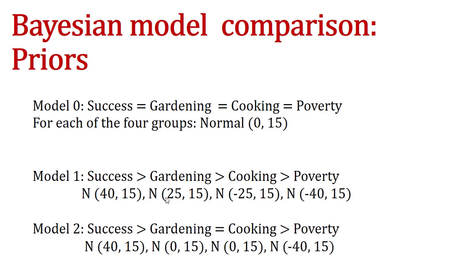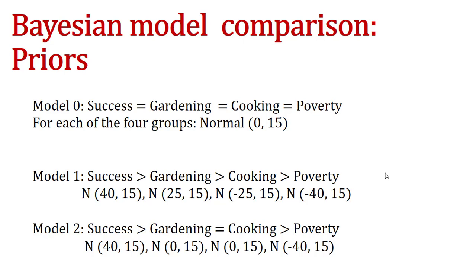Before we had one at 25 and the other at minus 25. In this one, the 2 of them have a mean of 0 and standard deviation 15. And the prior for poverty has the same mean and standard deviation as in model 1. So again, what we need to find out is, based on the data we obtain, what's the marginal likelihood of each model. So are the values we obtain more likely under model 1, under model 2, or under model 0?